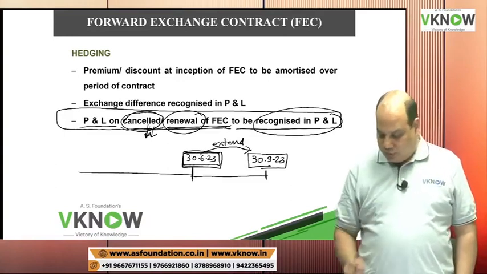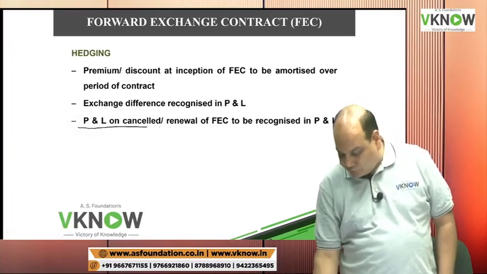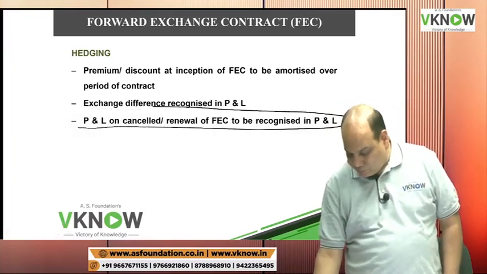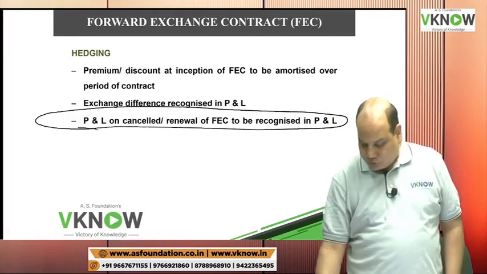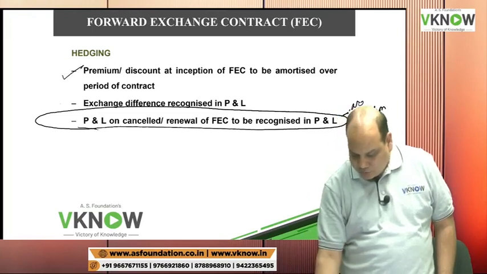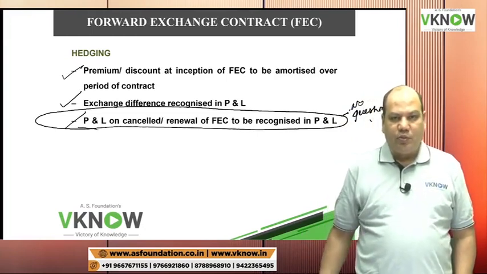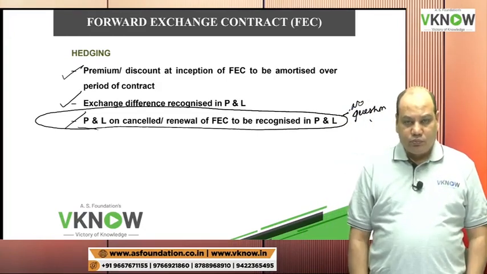Okay. So one good news I need to share first. So far the institute has never asked a question on the third point. So we have to only deal with the first and the second point. So I will just revise and then around 4 questions will be solved in the classroom.